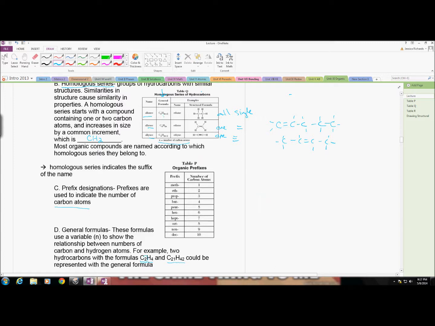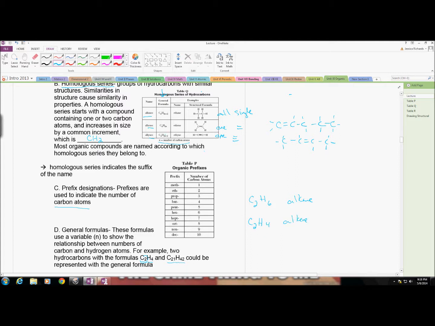If I look at the three general formulas and I plug 2 in for the N, if it were an alkane, then the 2 would give me C2H6. If it were an alkene, it would be C2, 2 times 2 is 4.